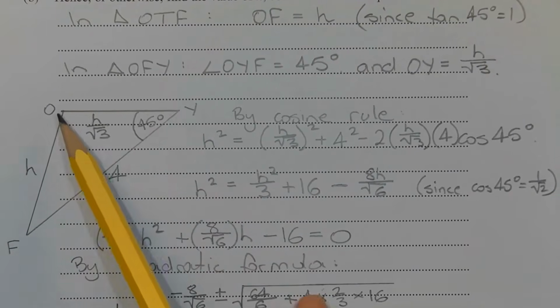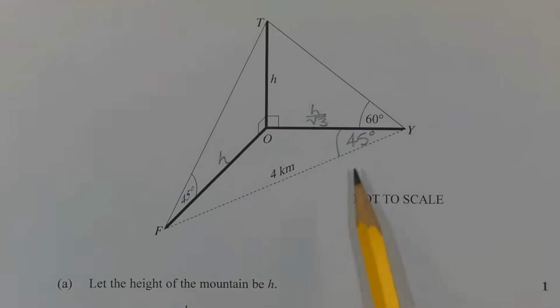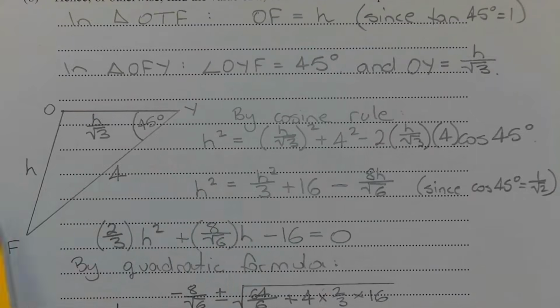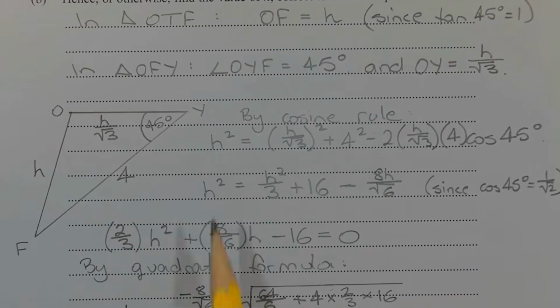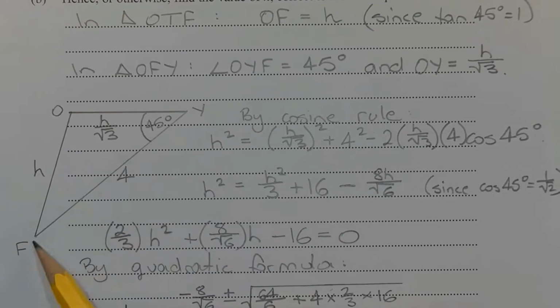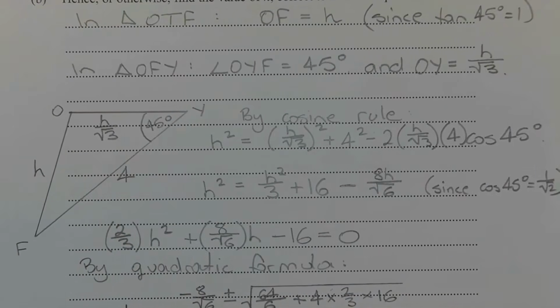So I've sketched triangle OYF here. That's the surface or the level ground here. So we can just focus on this triangle. So OF is equal to h, OY is equal to h over the square root of 3, and angle OYF is 45 degrees, and we're told that FY or YF is 4 kilometers.